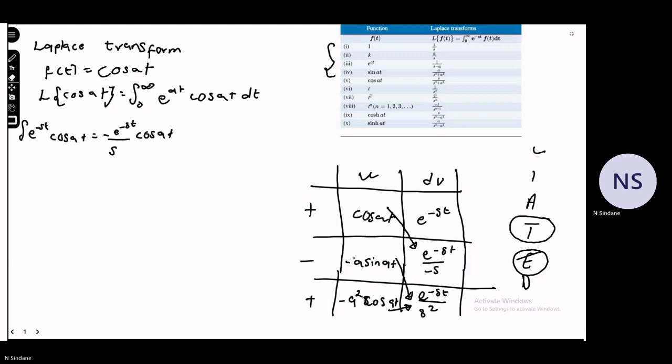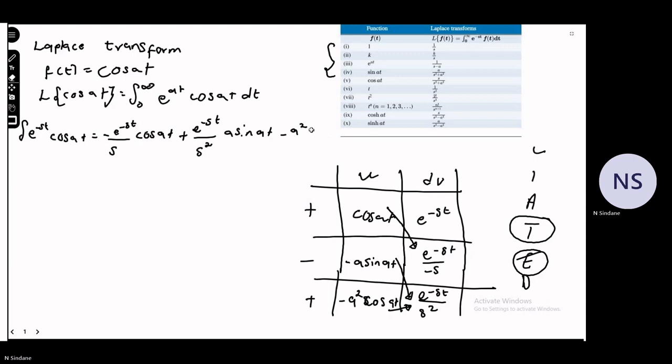Secondly, we will have negative of negative, this is positive, multiplied by this, it's going to be plus e to the power minus st over s squared a sine of at, right?